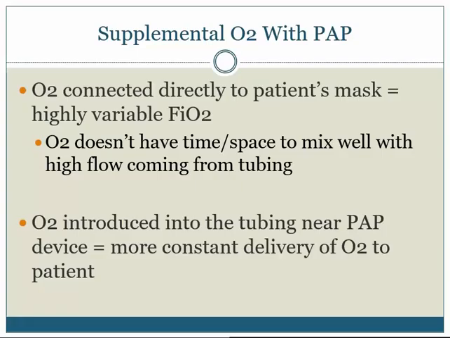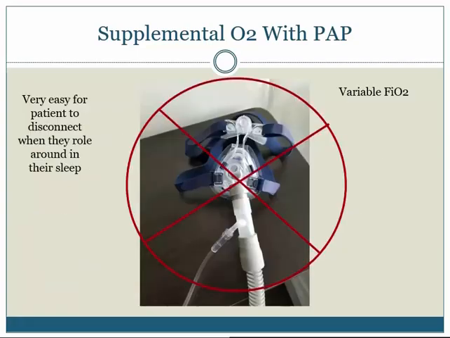And then the other thing is, if you connect this little T-piece up here, you have more up and around the patient, more that they can get tangled in, more that they could accidentally disconnect by taking a hard turn, and you wouldn't have any idea until you start seeing their SpO2 levels drop. And it also delivers a less consistent FiO2 because it's delivering right up here where it immediately gets mixed with the room air before the patient breathes it in.